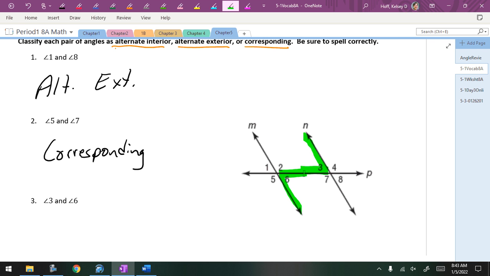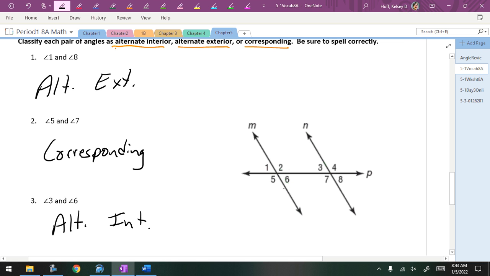Miss Young-Kong, what did you write for 3 and 6? She wrote alternate interior. What are your guys' thoughts? I agree. Nicely done. Has that Z. Might have to tip our head like this to see it, but it has a Z, right? Good job.